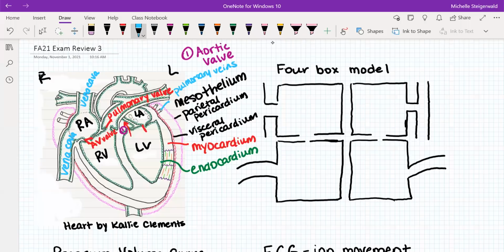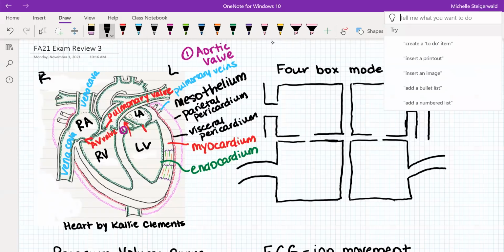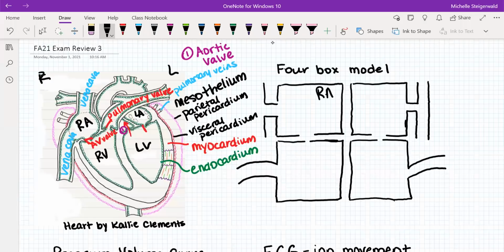And we can kind of see that better on the 4-box model. So again, this is going to be right atrium, left, and your ventricles.